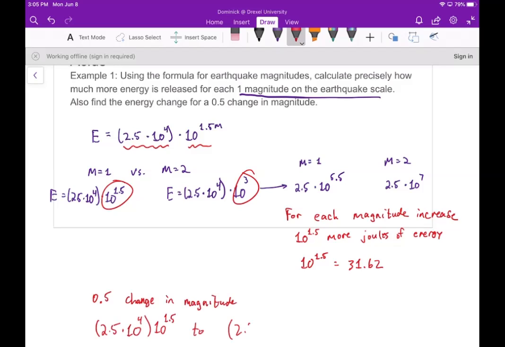And then we'll go to 2.5 times 10 to the 4 times 10 to the 1.5 times 1.5, which would be 2.5 times 10 to the 4 times, I guess this would be 10 to the 2.25. So then we'll get 2.25.